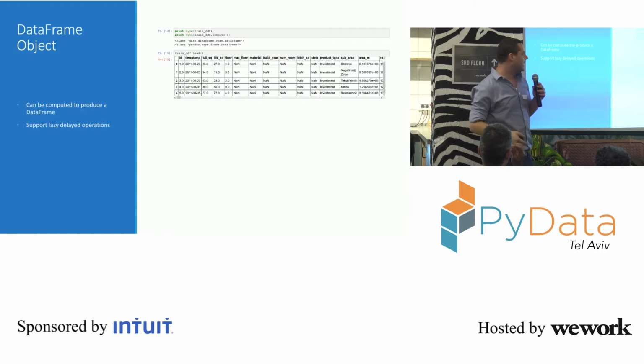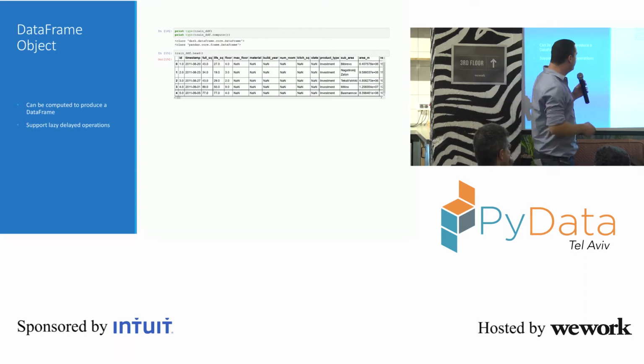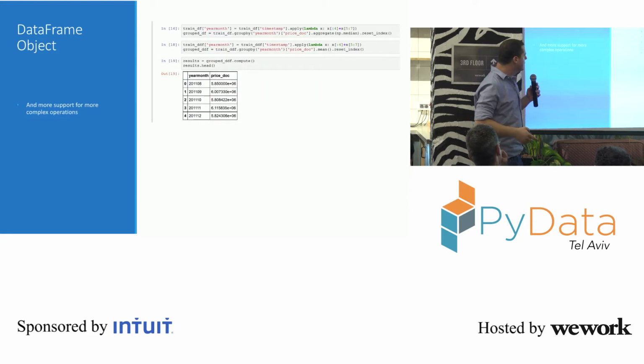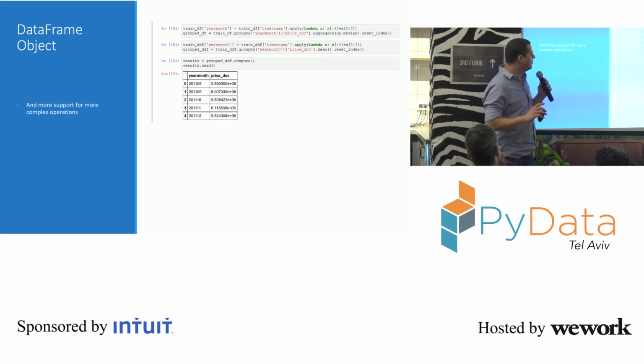But there are some actions I can do without actually loading all of it in one data frame to the memory. For instance, I can use the head function and get the top values.